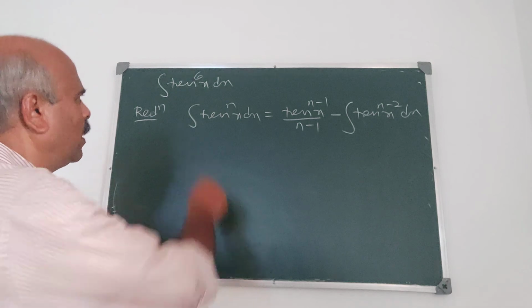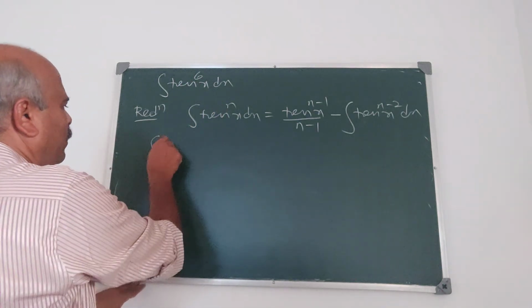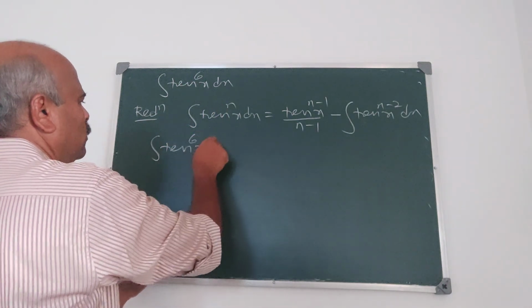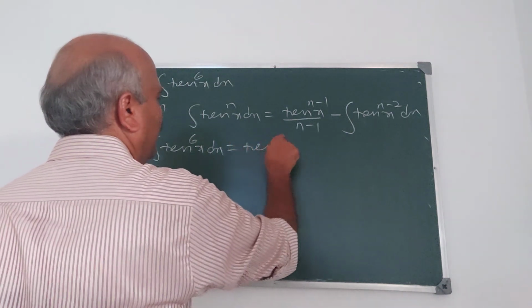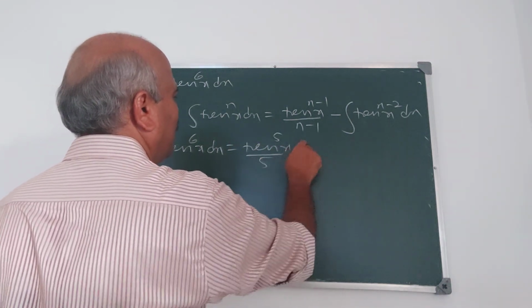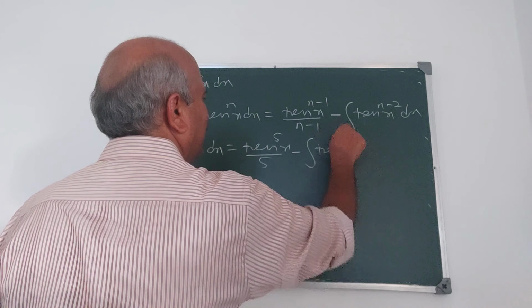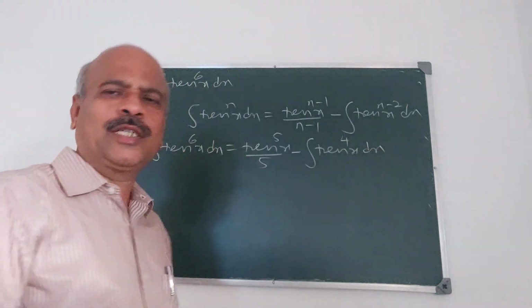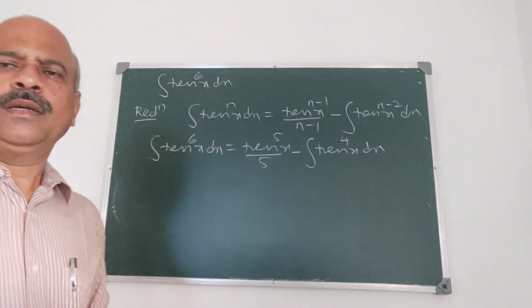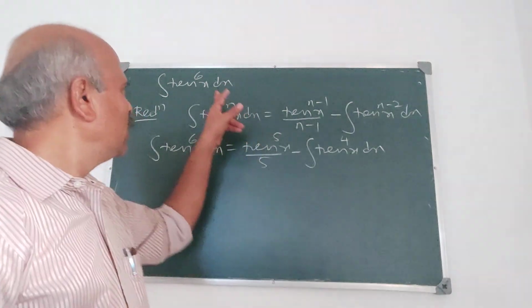Now substitute 6 here. Integral tan x raised to 6 is therefore tan x raised to 5 by 5 minus integral tan x raised to 4 with respect to x. First step. I think all have followed this. Only substitution here.